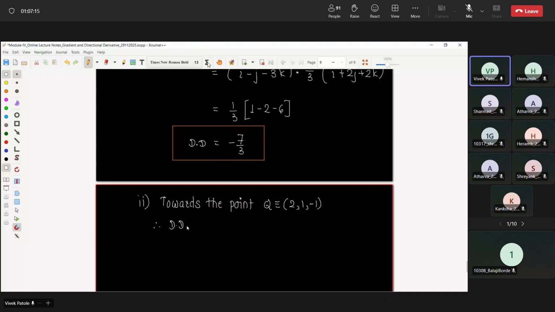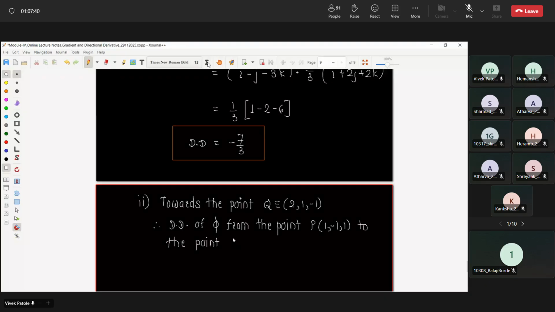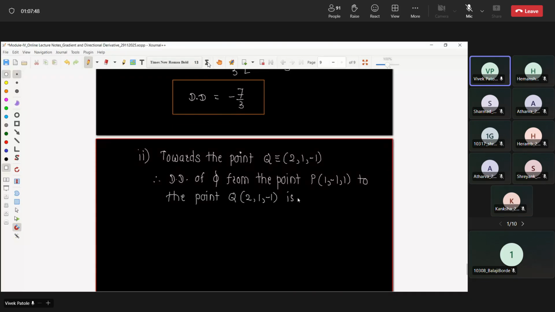Therefore, the directional derivative of phi from the point P (1, -1, 1) to the point Q (2, 1, -1) is to be obtained along the vector QP bar.